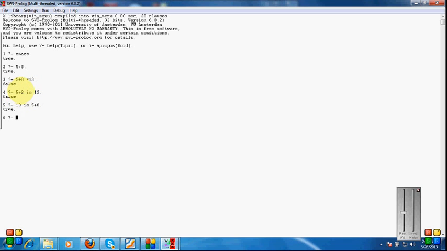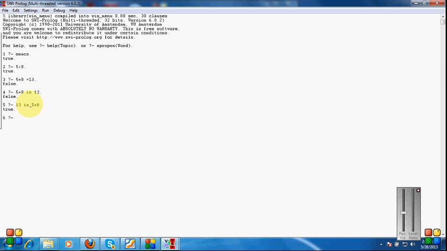See, 5 plus 8 is 13 gives the answer false. 13 is 5 plus 8 gives the answer true. It means that is is an operator which cannot evaluate its left hand side, but it can evaluate the right hand side. 5 plus 8 is evaluated to 13, and 13 and 13 are matched as a symbolic matching.